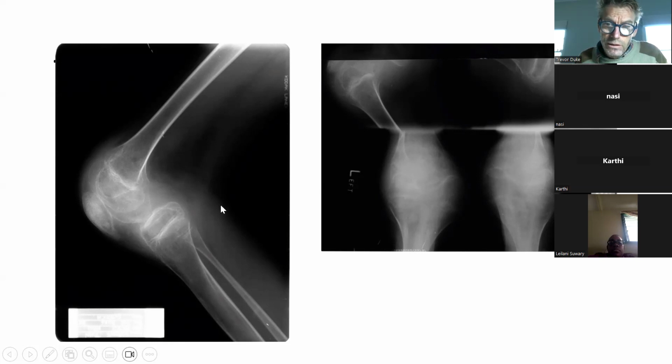So they're the features of a child who's got almost burnt out juvenile chronic arthritis. We hope to get children diagnosed at a time when their X-rays don't look too abnormal, and then treat them so they don't end up with what is effectively secondary osteoarthritis on a background of juvenile chronic arthritis. Okay.